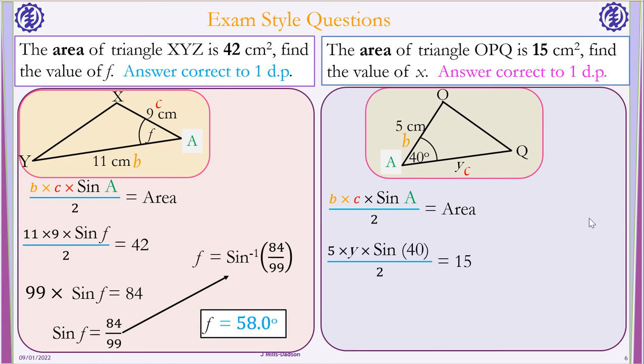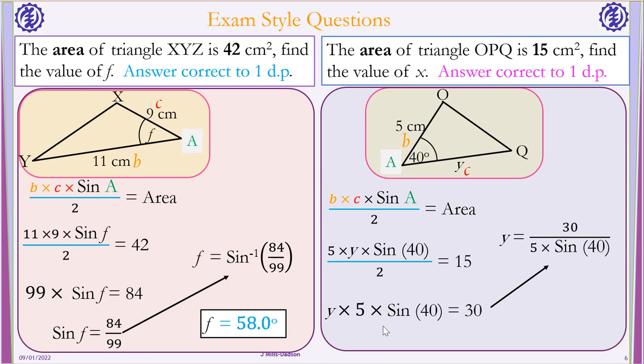That's what you do, you put it into the formula. Get rid of the 2: 2 times 15 is 30. Now, we need to get rid of 5 times sine 40. They are multiplying y, so they should divide 30, the inverse.